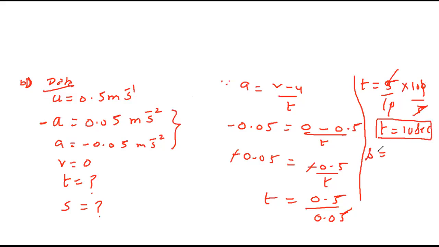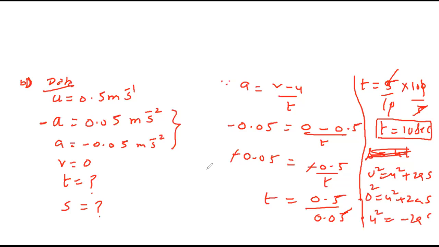Now s is ut, or you can use v square is u square plus 2as. So 0 square is u square plus 2as. Therefore u square will become minus 2as.